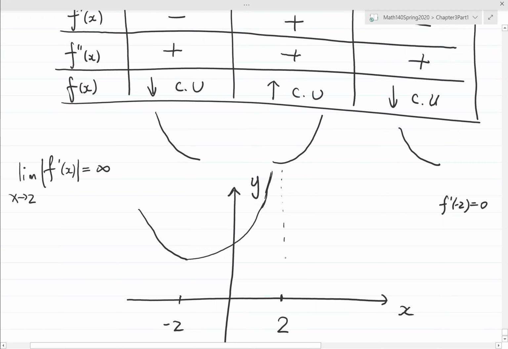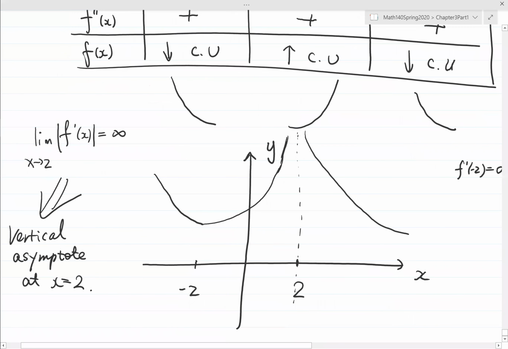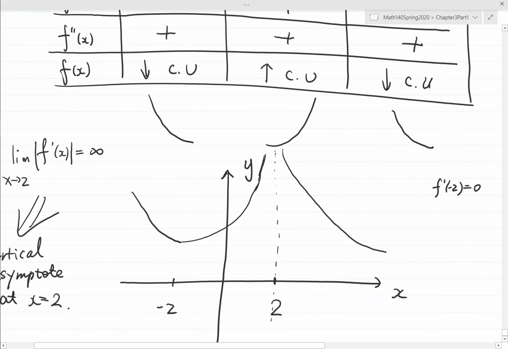So we have a vertical asymptote at x equals 2. Okay, so we are done for this plot.